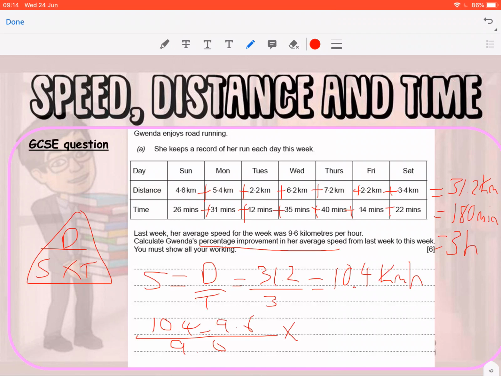And if I times that by 100 to get it into a percentage, I end up with 8.3% improvement. Now this last bit, I wouldn't expect you to get that right, but it's a 6-mark question, a huge question. This is the important bit. If you got to there, probably 3 or 4 marks out of the 6. So that's really, really good. Okay, just going to add that in.